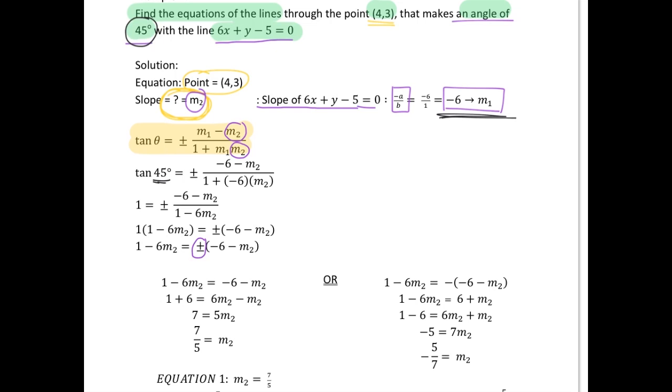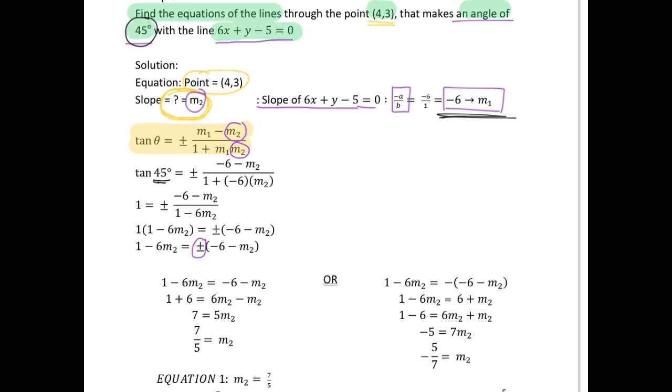We have 1 minus 6m2 is equal to plus times minus 6 minus m2, which we'll just leave as it is, or 1 minus 6m2 is equal to minus this whole bracket here, which will change the signs inside this bracket from minus to plus.